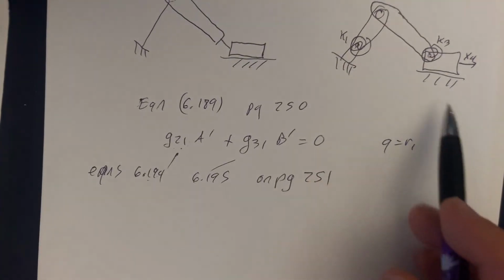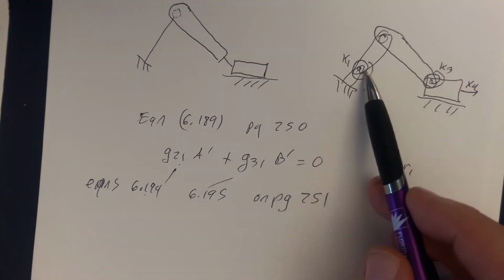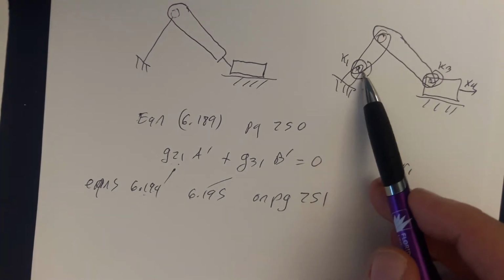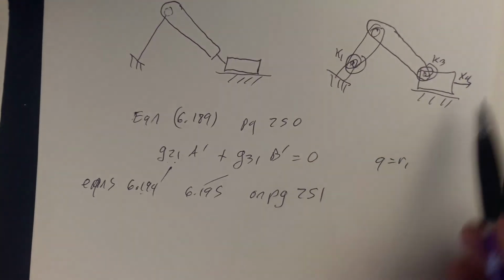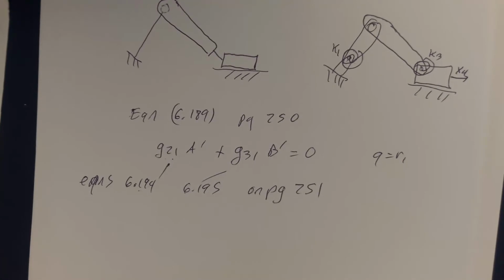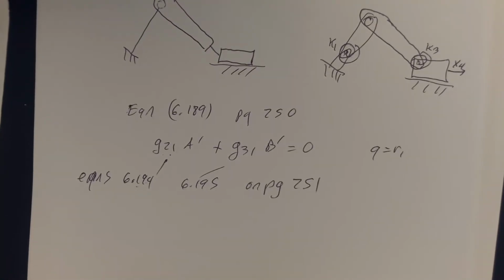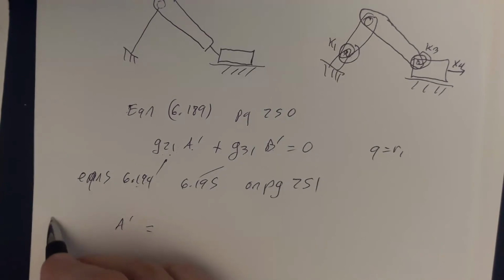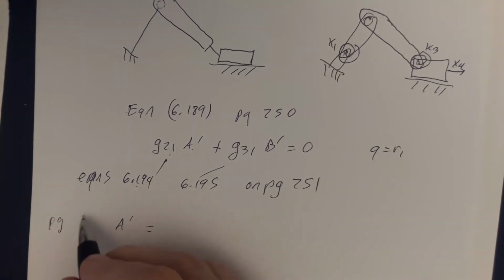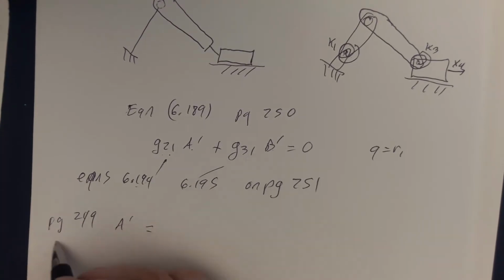So for this particular problem where we have a torsional spring, a source of potential energy, here K1 and K3, and then an input force that's doing work on this, X4, we can look at the definitions of this A prime and B prime. So A prime is defined, this is page 249, and it's equation 180.